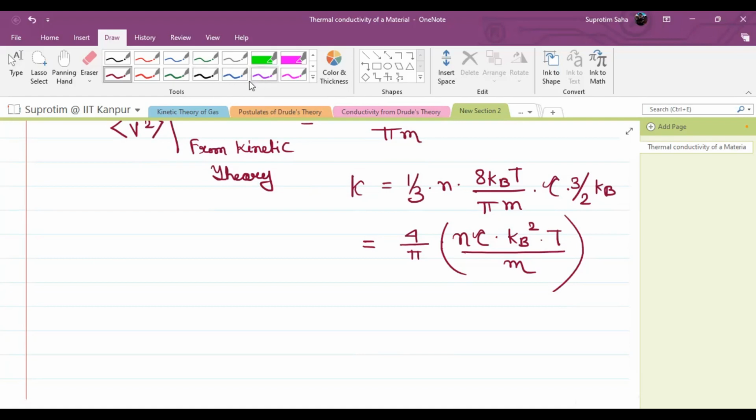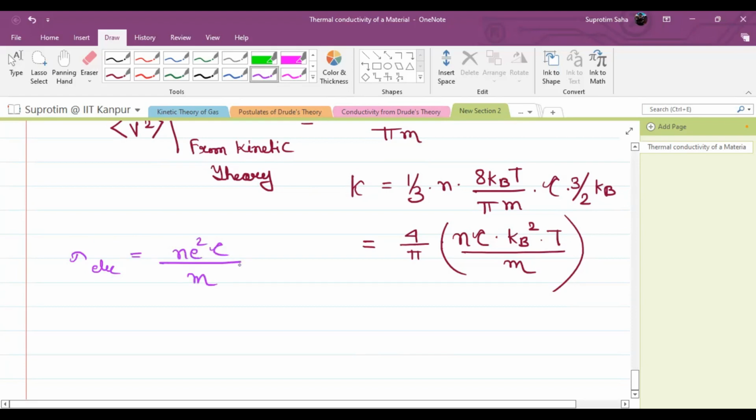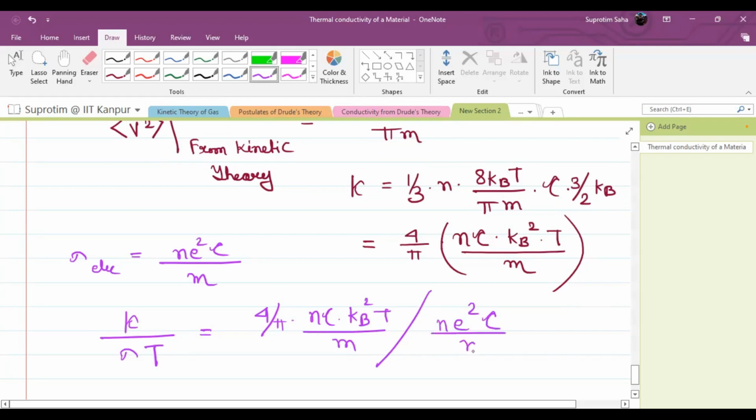We're calculating for the umpteenth time the electrical conductivity, denoted sigma, given by n e squared tau over m. Now, if we define a ratio kappa by sigma times the temperature of the sample, this will be given by 4 over pi times n tau kB squared T over m, divided by n e squared tau over m.